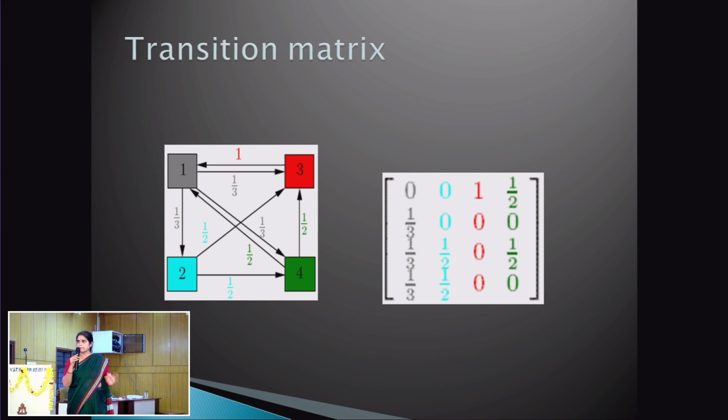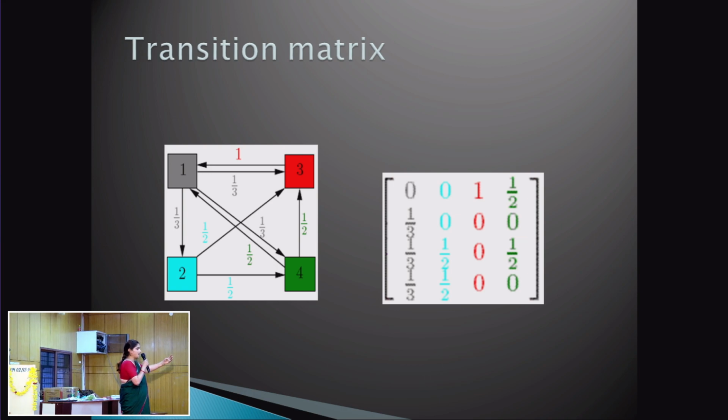Have you seen these before? How a graph can be equivalently represented as a matrix. You write the nodes here, node 1, 2, 3, 4. So I've written the columns.